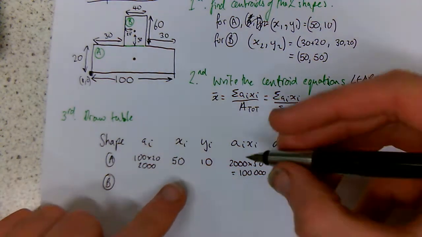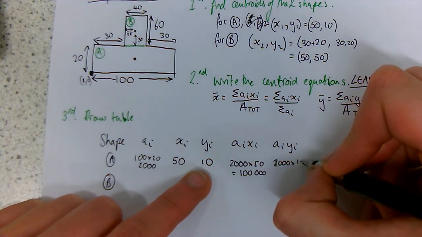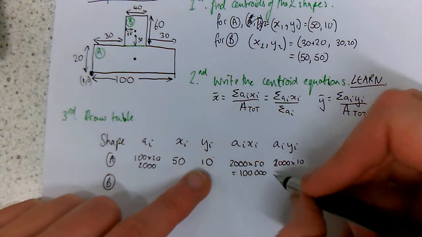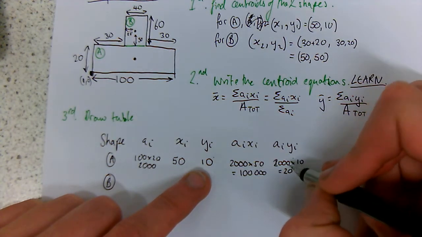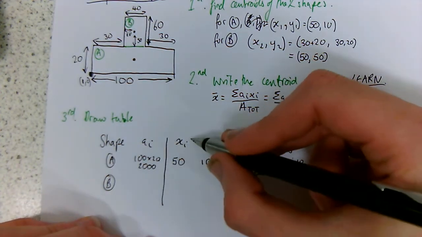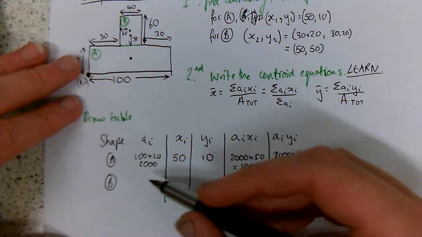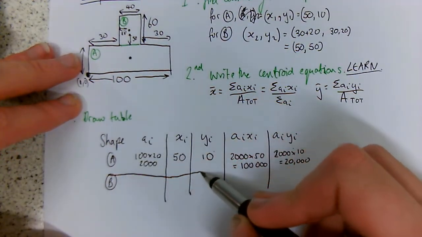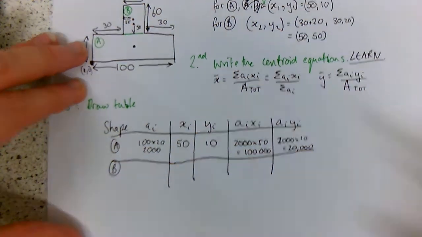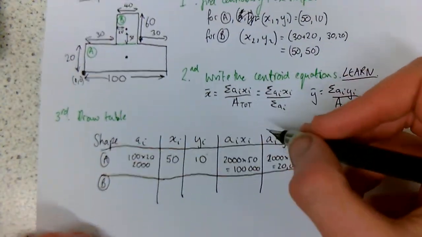Okay, and then this one is 2,000 times the 10. See here we're doing this column times this column to give this. And that's going to be 20,000. Very wonky table there.